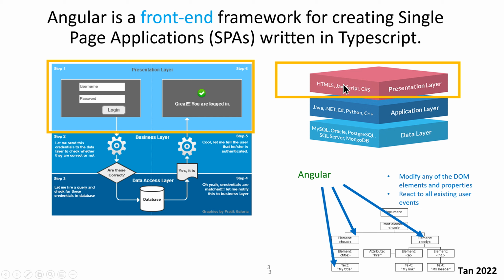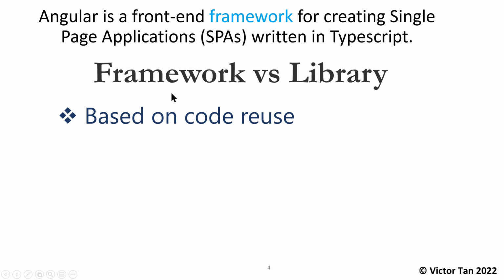So your Angular program is essentially going to be converted into a JavaScript program which is going to be running inside your browser and modifying all the various nodes or objects of the DOM tree by reacting to user events. So I've already demonstrated how this happens in the previous lesson. So that's what we mean by front end. Front end means the presentation layer.